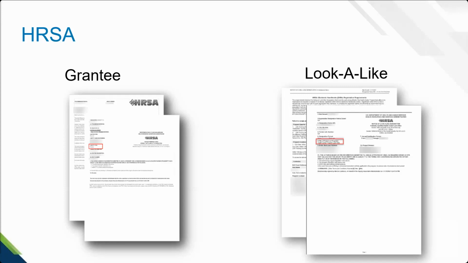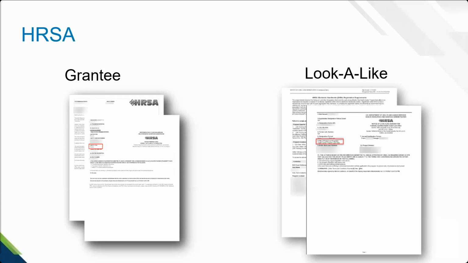It gives us their project dates, and those project dates are basically the effective and termination date of that grant. That is something that we will look at during the enrollment process.